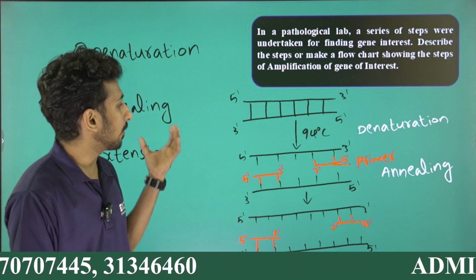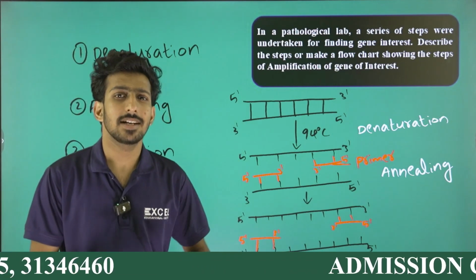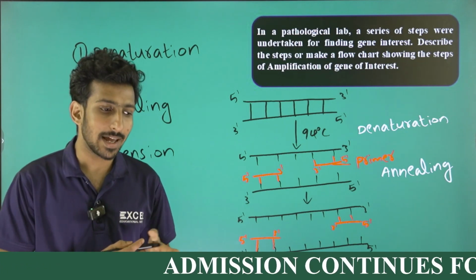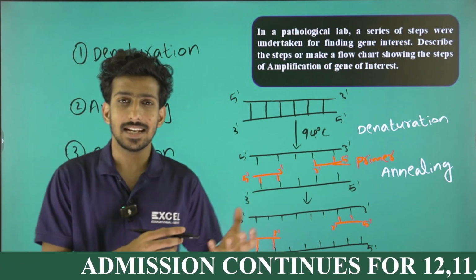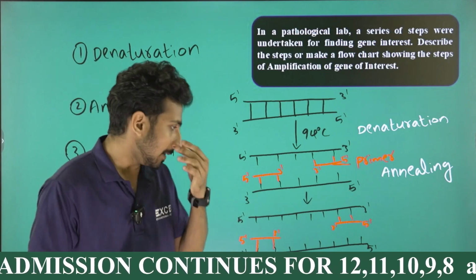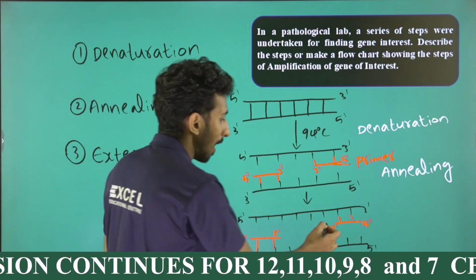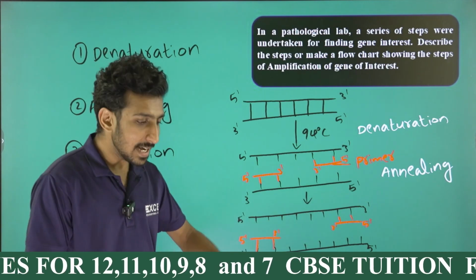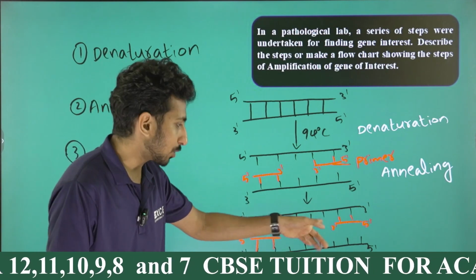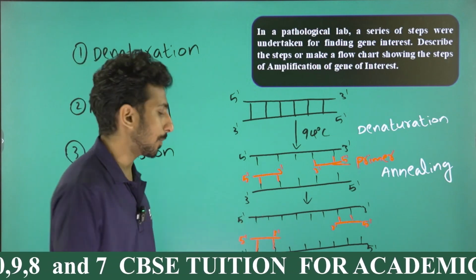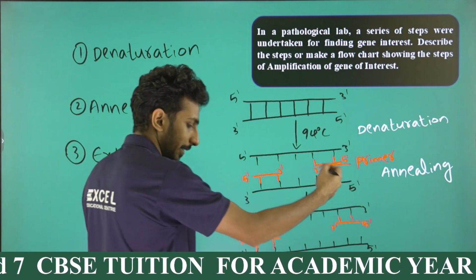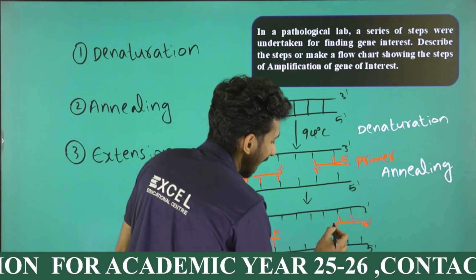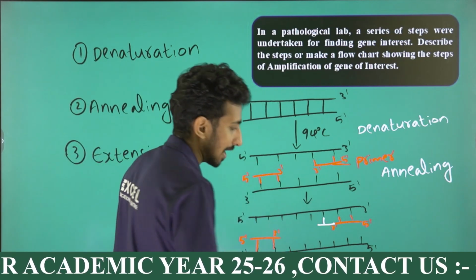The enzyme involved in polymerase chain reaction is DNA polymerase enzyme. DNA polymerase catalyzes the DNA polymerization. This DNA polymerase enzyme binds with the primer and adds new nucleotides to the primer.